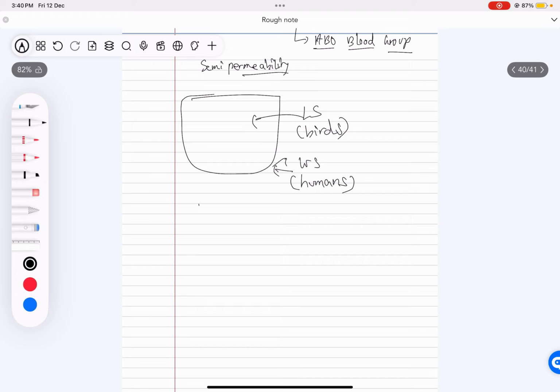In the plasma membrane, the most important thing is the composition. It is mostly made up of proteins, 55%, and lipids are helpful for the fluidity, and the carbs are very little.